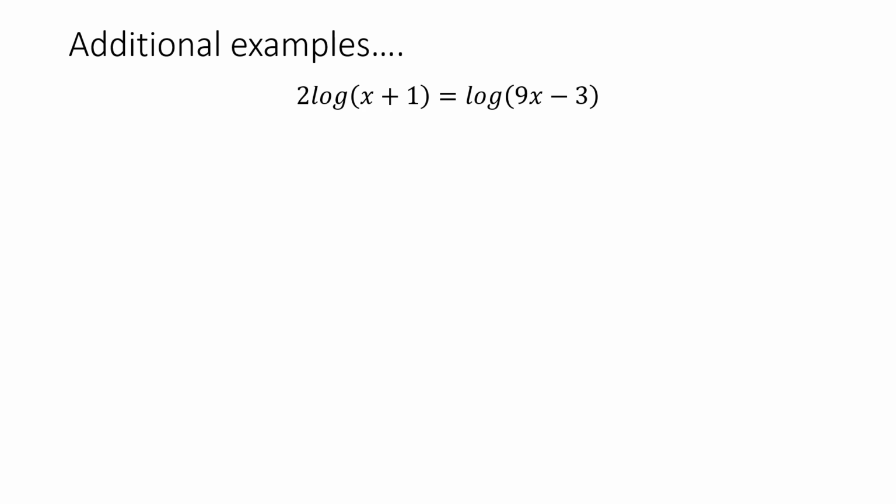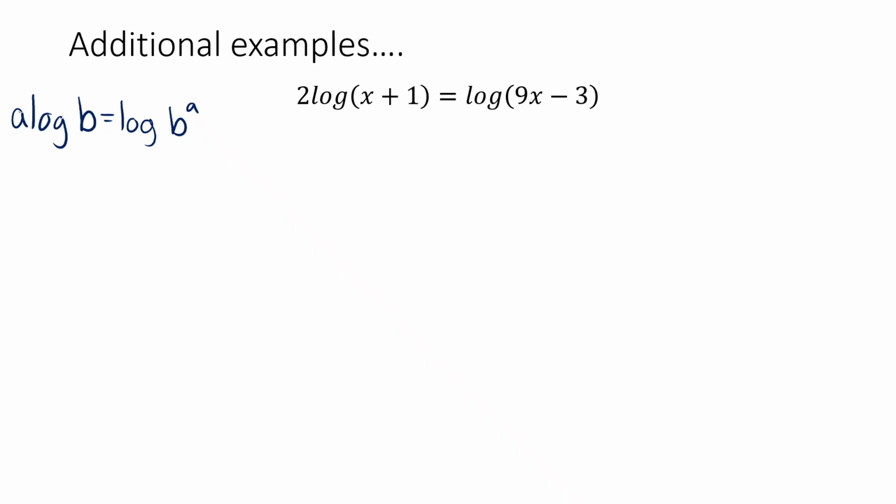Okay, so for this one, we are going to use this property of logs, which is, I don't even know how I did this, but if you have a log of b to the a, that's a times log of b.